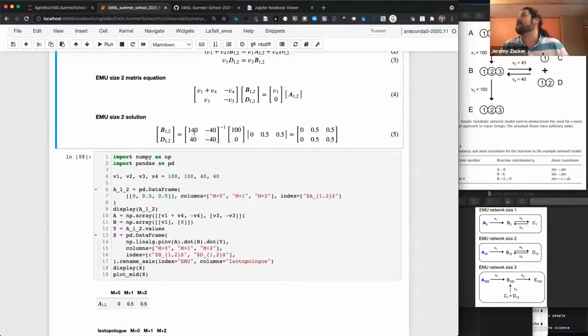We could have given it a pure tracer, and this probably would have been a little easier to calculate. But it turns out, as we're going to discover next, that when you only introduce a pure isotope label, you cannot identify V4. And we're going to explain why that's the case next after these initial round of questions have been addressed.